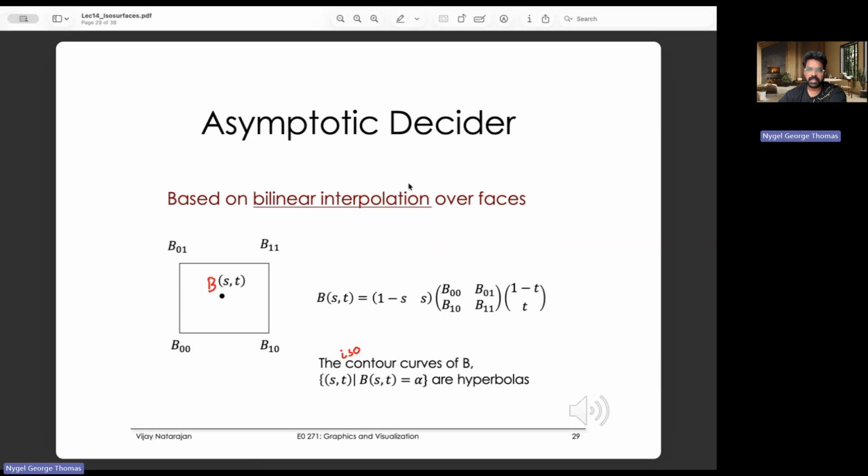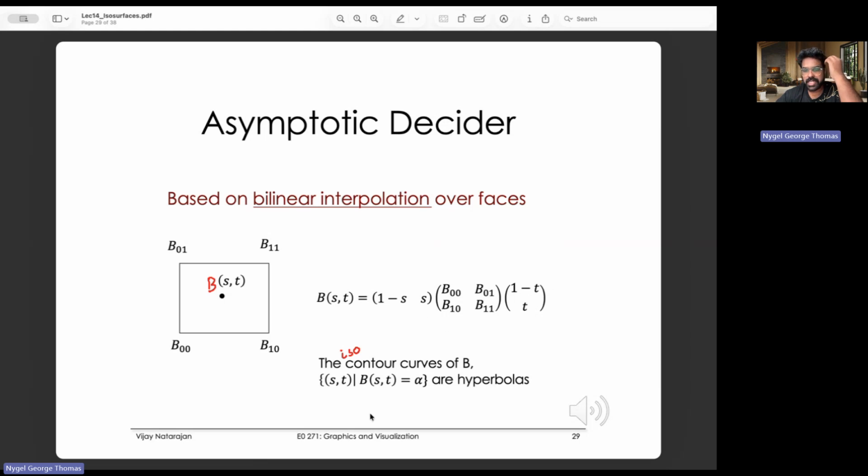The basic principle for the asymptotic decider is this: suppose we have a face or a grid like this with four vertices, the vertex values being B00, B01, B10, and B11. Then the scalar value of any point inside this grid can be computed using this function B of s,t, using bilinear interpolation over the face. The bilinear interpolation combines B00, B01, B10, B11 with weights 1 minus s, s, 1 minus t, and t.